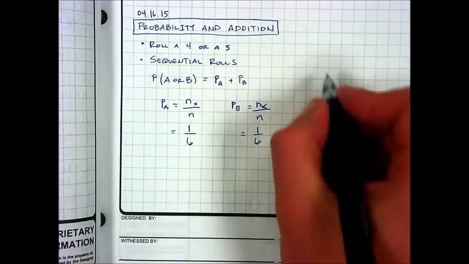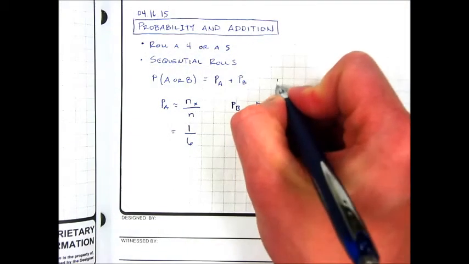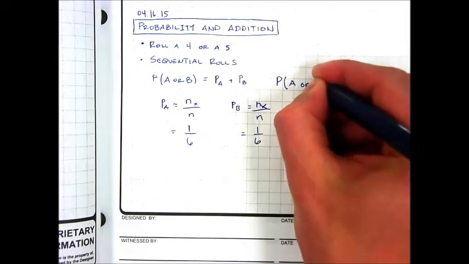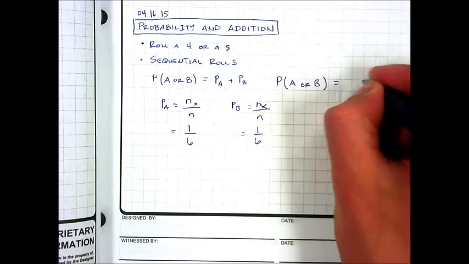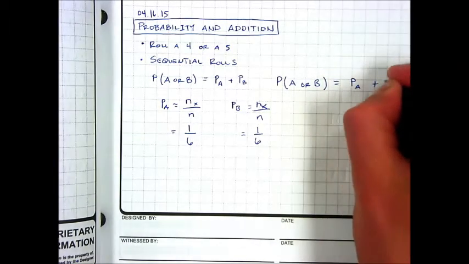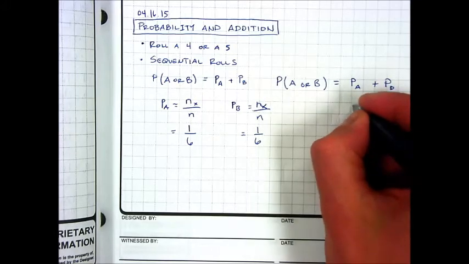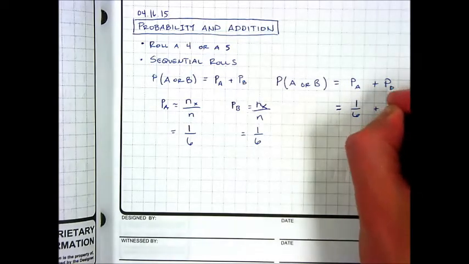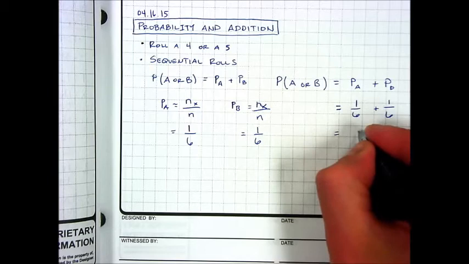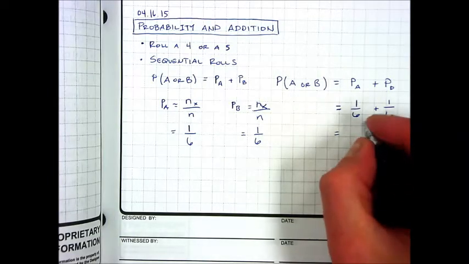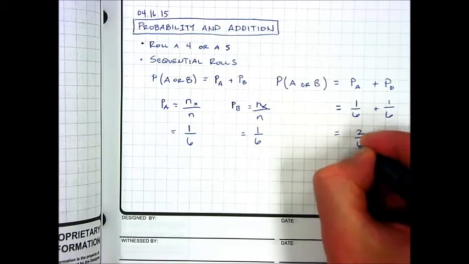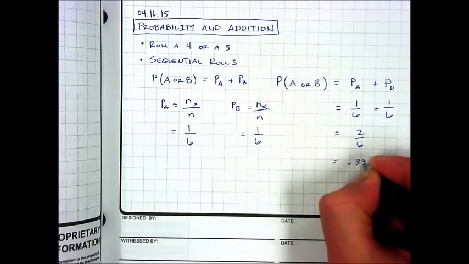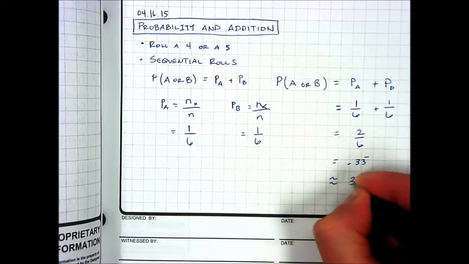And so we add that back into our formula up here. The probability of A or B is equal to the probability of A plus the probability of B. One-sixth plus 1/6 equals 2/6, or in this case 0.33 repeating, which is about 33%.